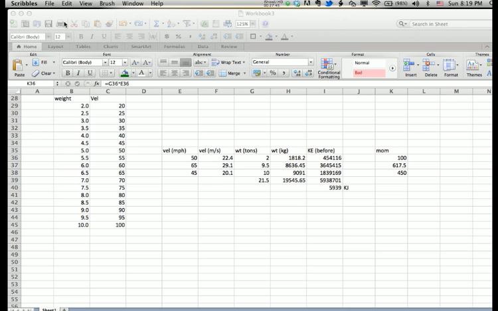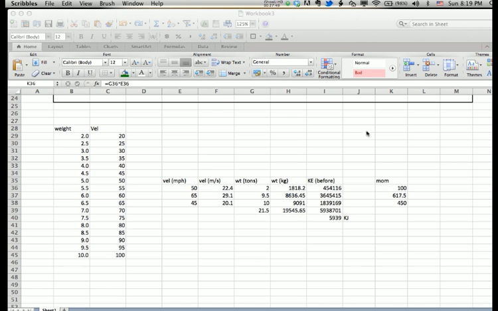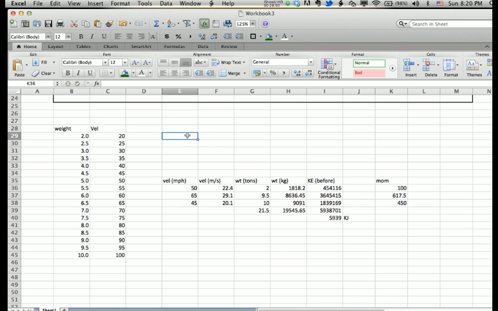Okay, maybe we should come back up here, and I should have put the momentums up here. Maybe that would have been better. Let's do that.